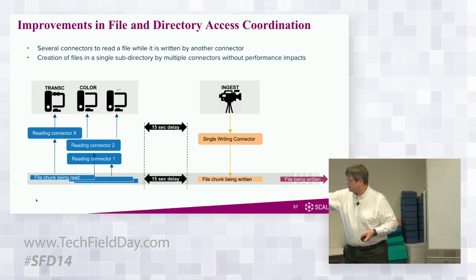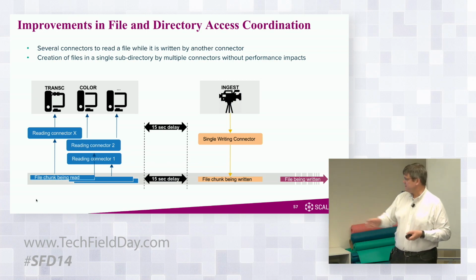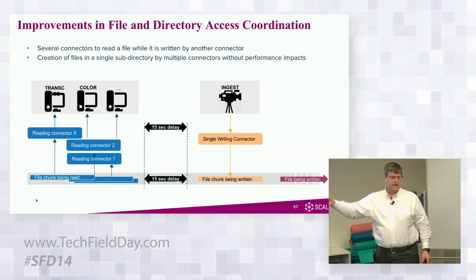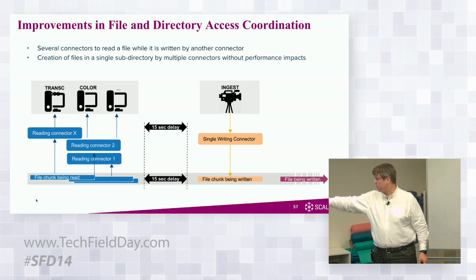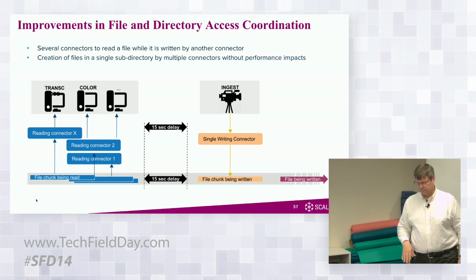We've also introduced the ability to have multiple readers while writing very large files. This is used quite a bit in the video industry, when you're streaming a multi-gigabyte file into the system and want to start editing, coloring and transcoding the file as it's being written.